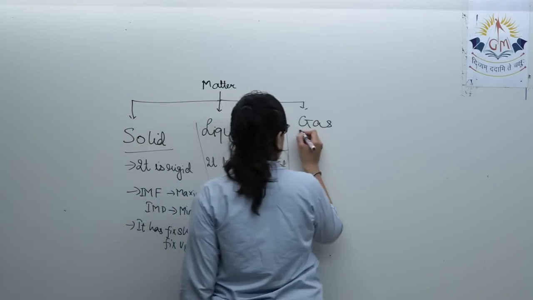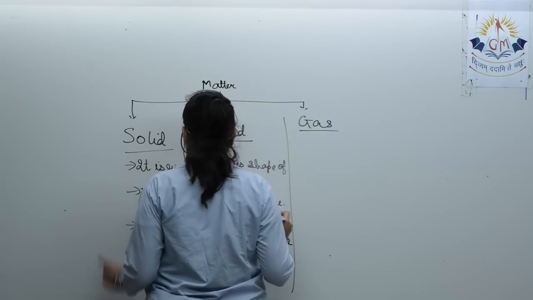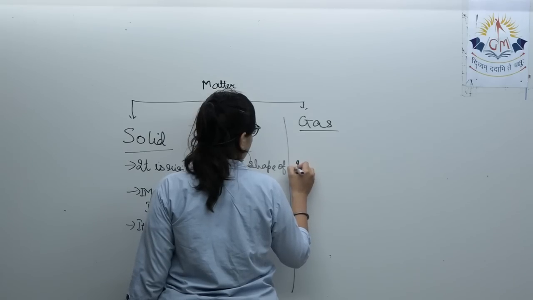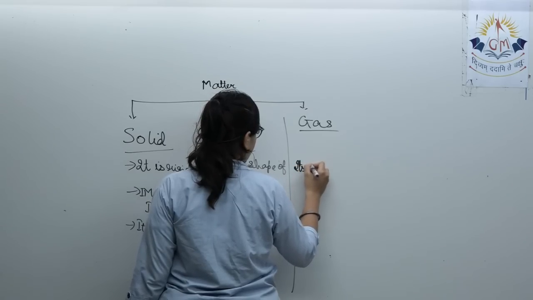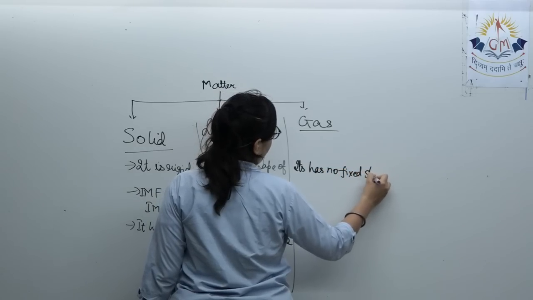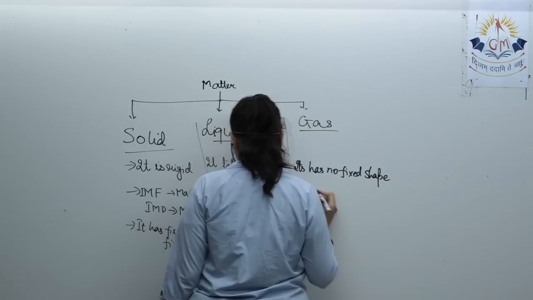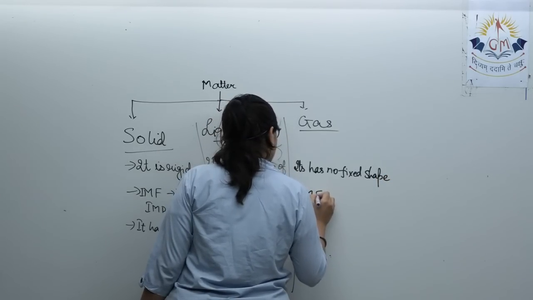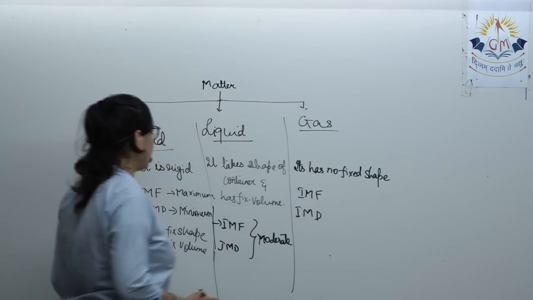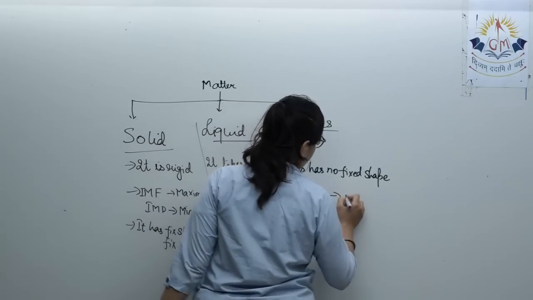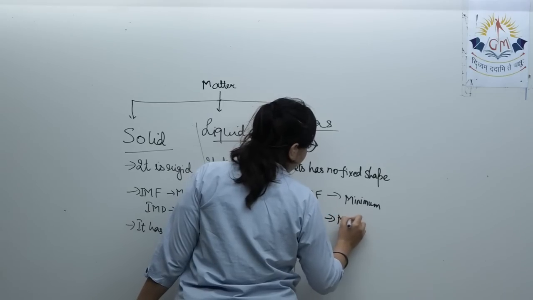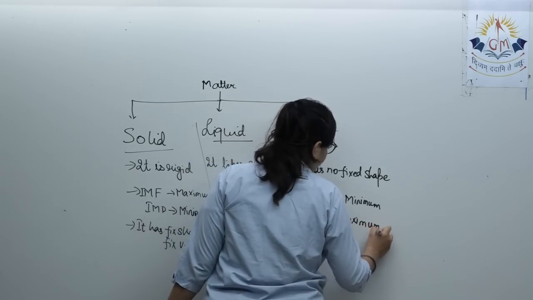Coming to the gaseous state, it has no fixed shape nor volume. Intermolecular force and intermolecular distance are totally opposite here. Intermolecular force will be minimum, while distance will be maximum.